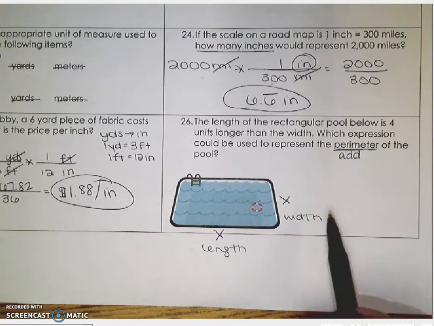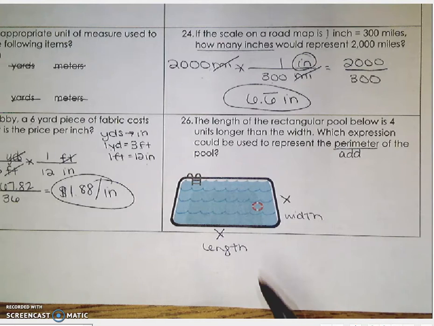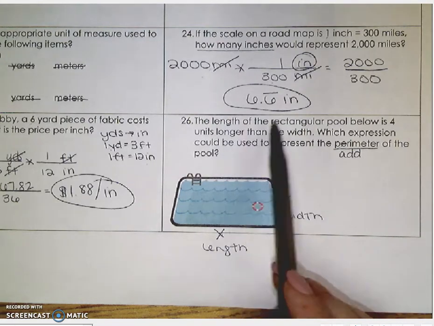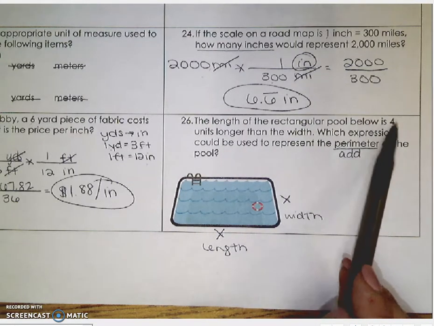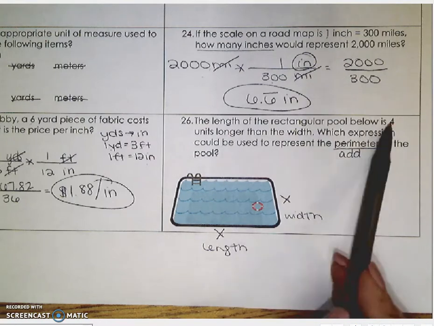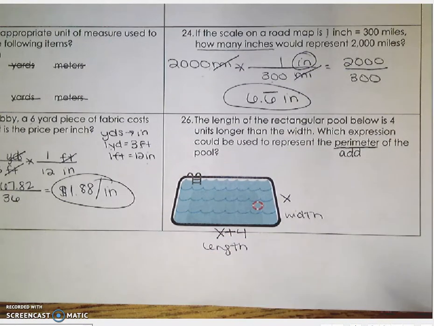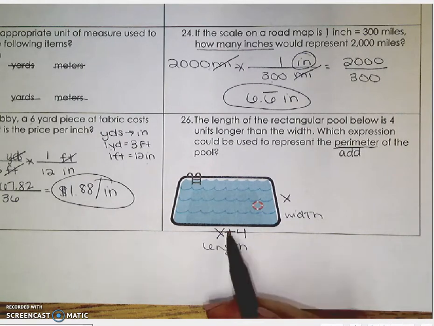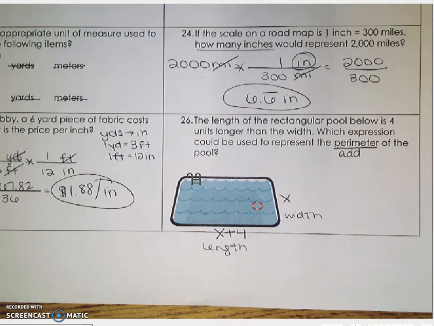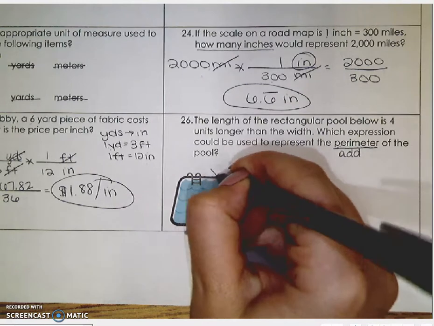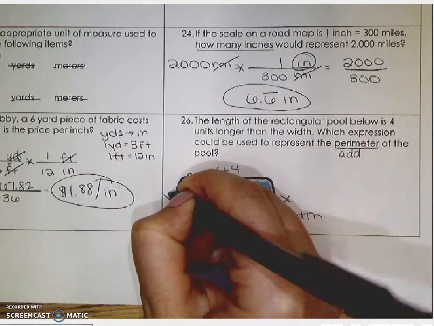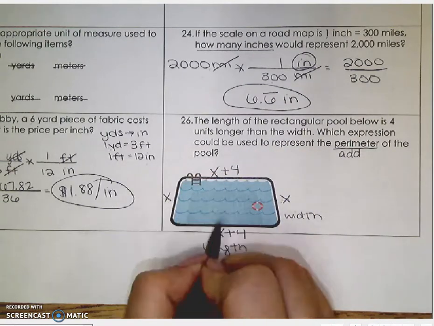All of the sides are the same until they tell you what's different. They tell you that the length of the pool is 4 bigger, so I'm going to add 4.